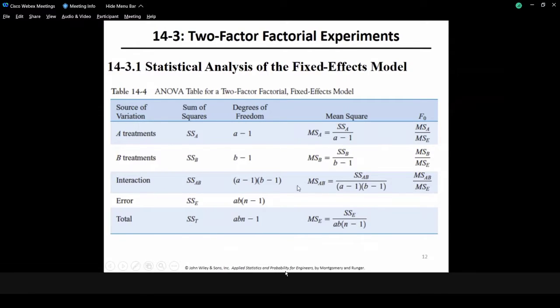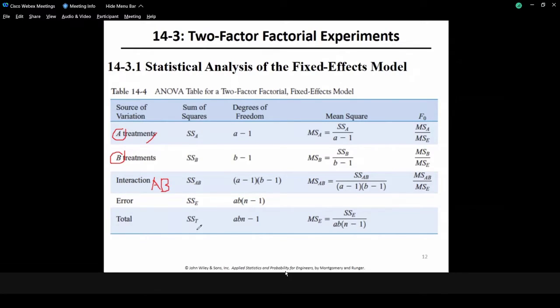Okay, remember ANOVA for two factors. You have factor A here, factor B, interaction between A and B, error, and total.